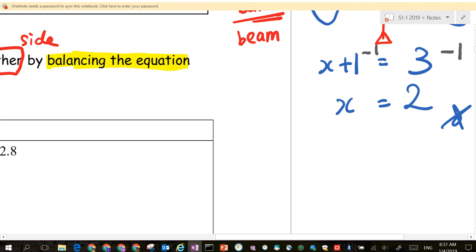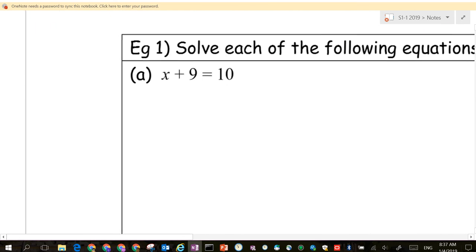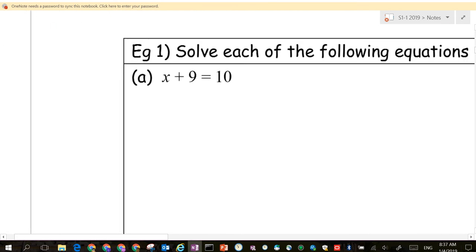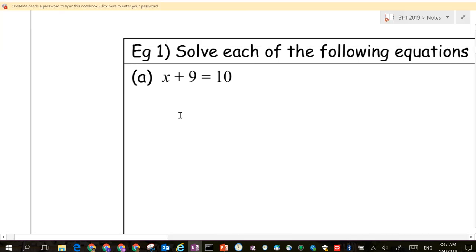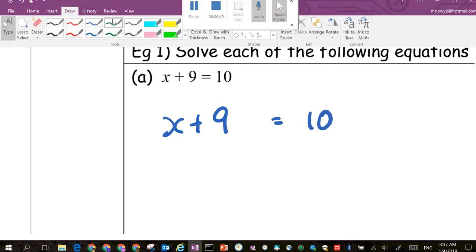Alright, let's start with the first one. How will you do this? X plus 9 equals to 10. I want to find what? X. So I want to get rid of the 9. So what must I do? Both side minus 9. Alright. So can you write down? X plus 9 is equals to 10. Can you write down in pencil?